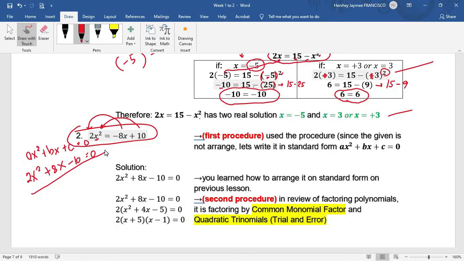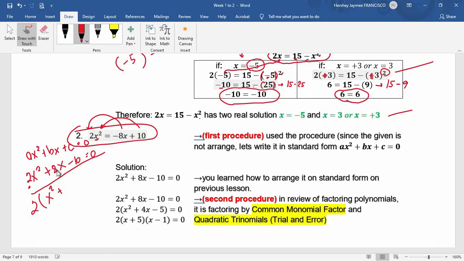Okay? So, now, to make it easier, if you find it hard to factor because there is a 2 in the quadratic term, get their common monomial factor. What is common to them? 2. And then, take it out, and then divide each term: 2x squared divided by 2, your answer is x squared.